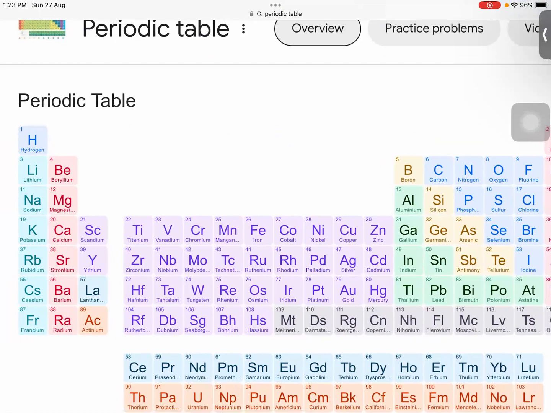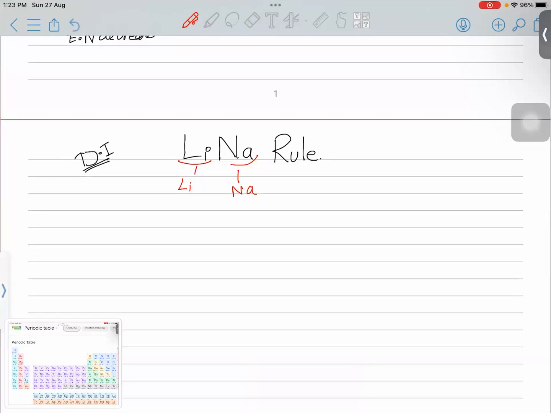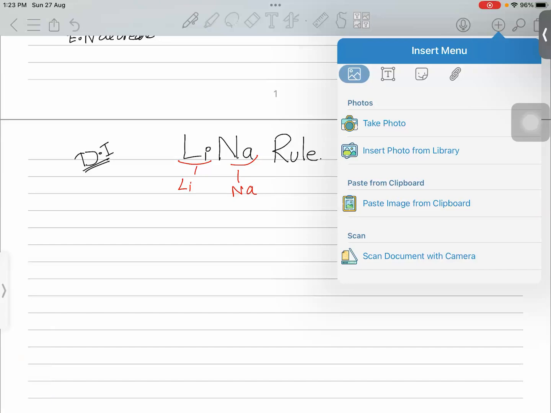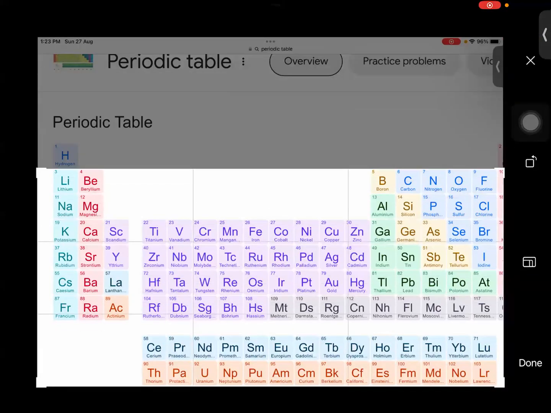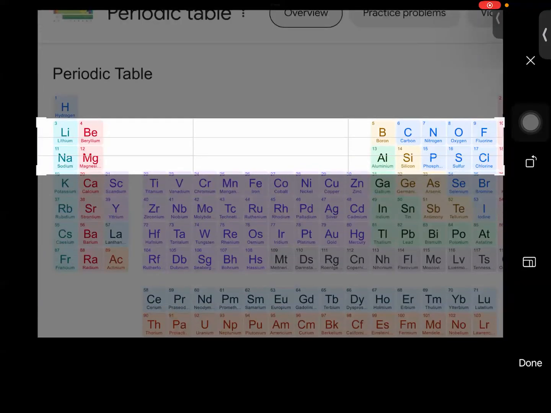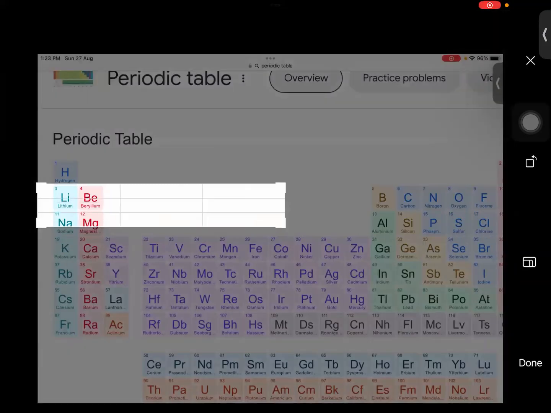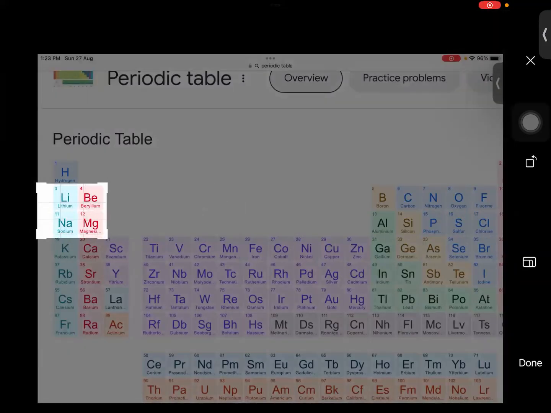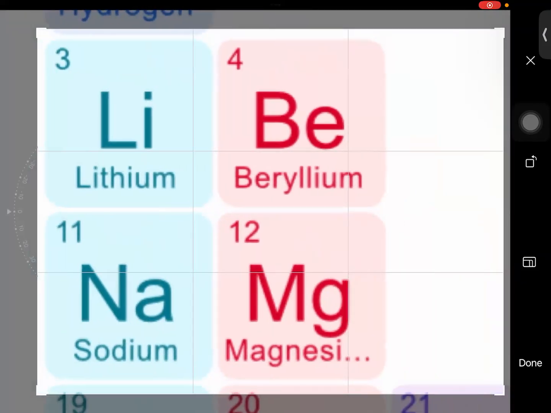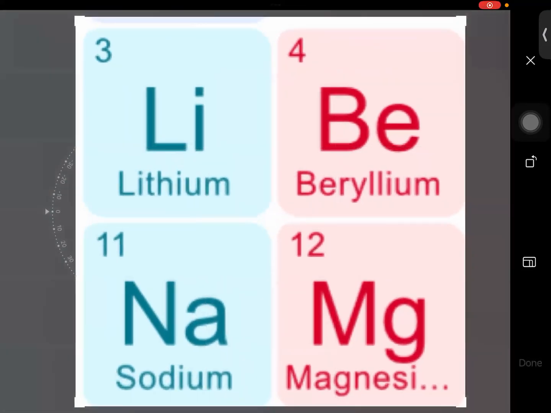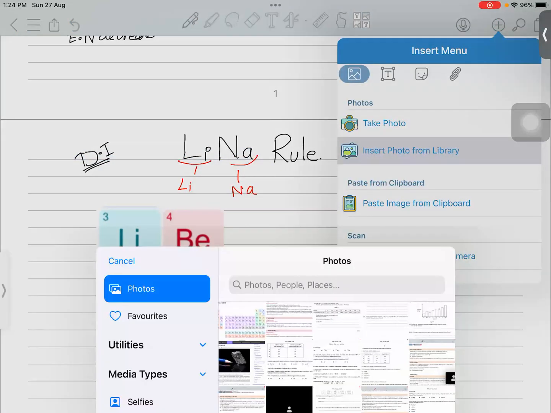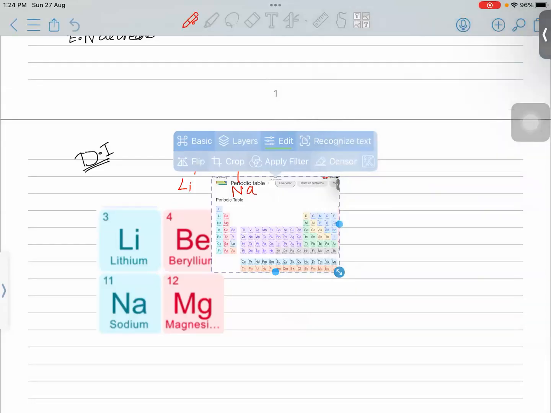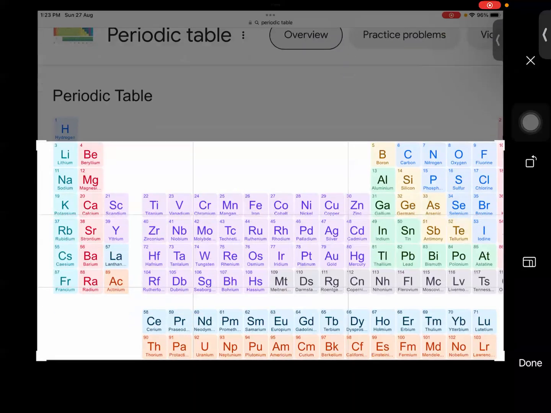So this is the periodic table. This is the Lena method. These are lithium, sodium. And these are the remaining elements.